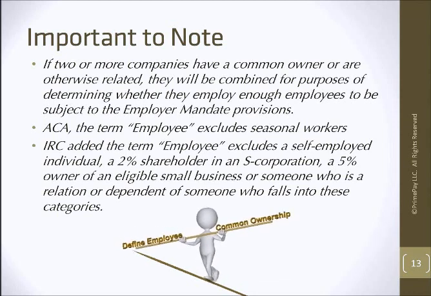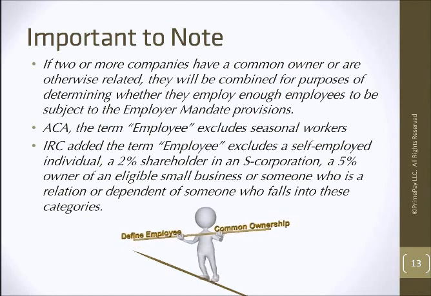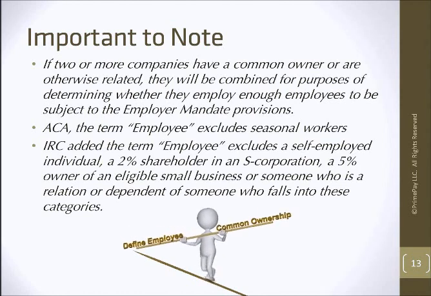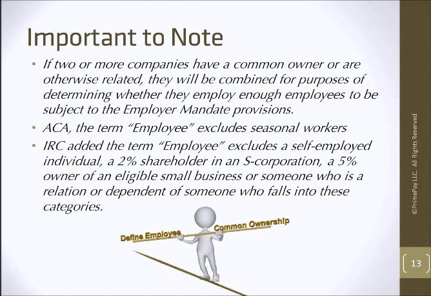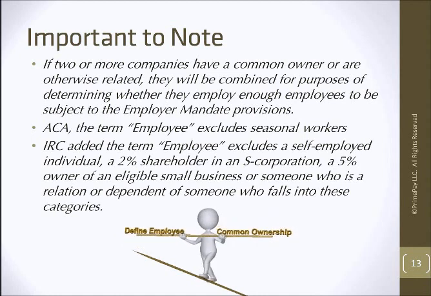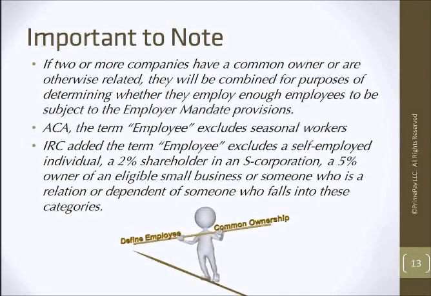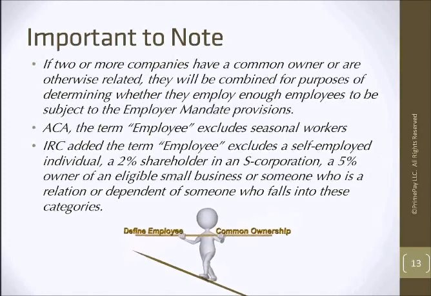So I think we need to have the employer refer to their tax advisor in relation to whether they have a controlled group or common ownership. But they will be combined for purposes of determining whether they employ enough employees to be subject to the employer mandate provisions.